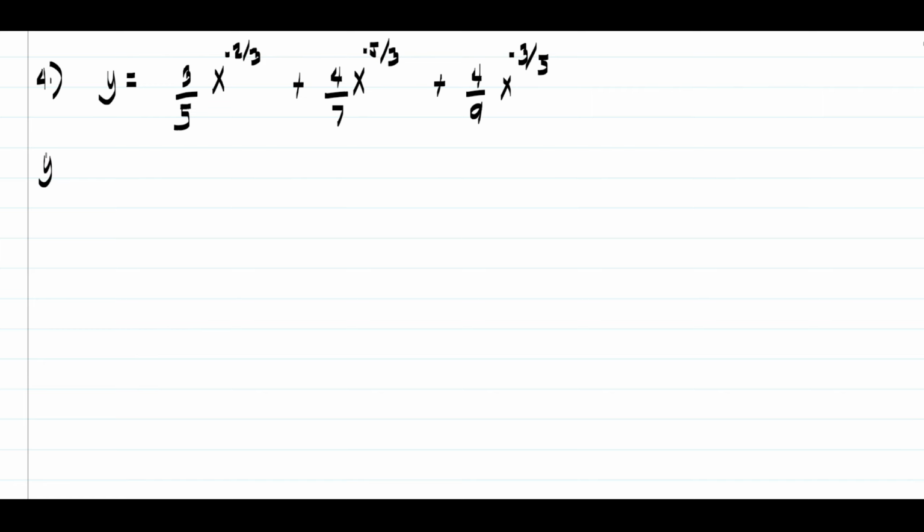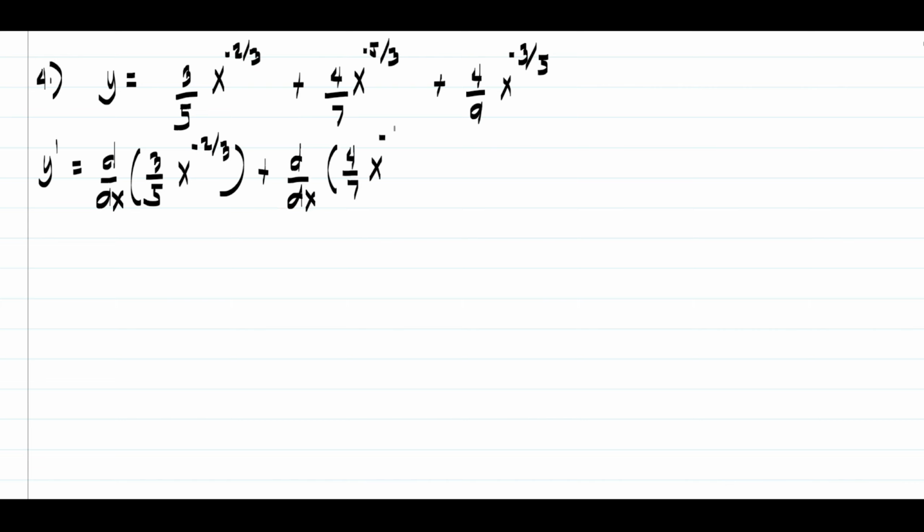So let's start having y prime equals derivative of 3 over 5 x raised to negative 2/3, plus the derivative of 4 over 7 x raised to negative 5 over 3 plus the derivative of 4 over 9 x raised to negative 3 over 5.